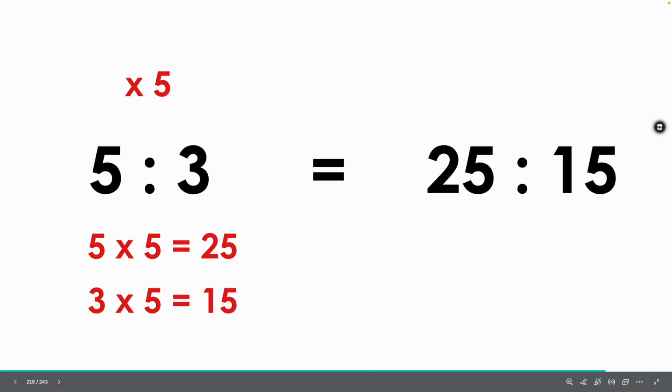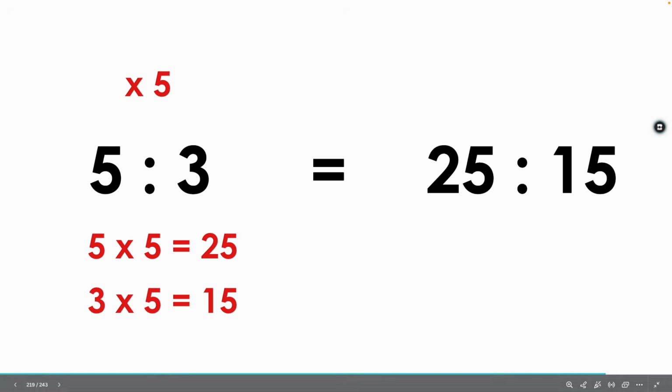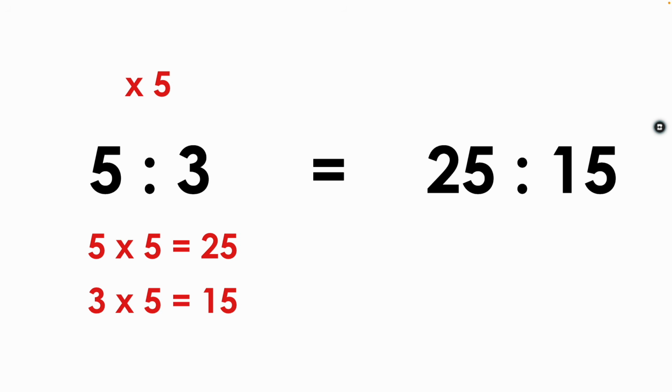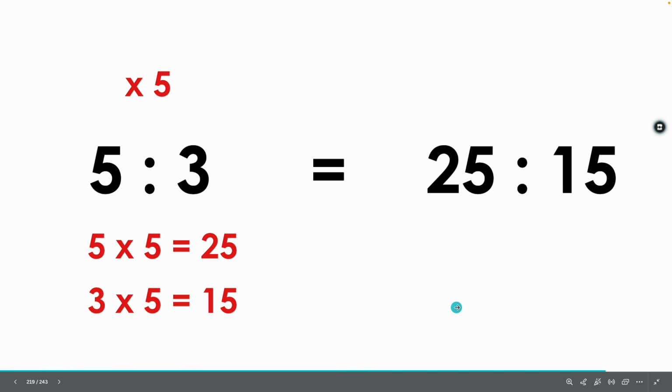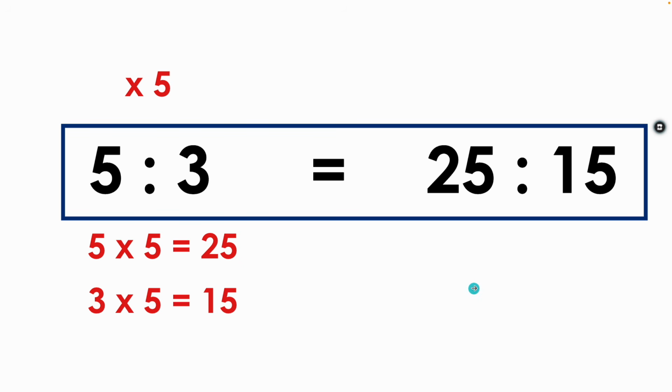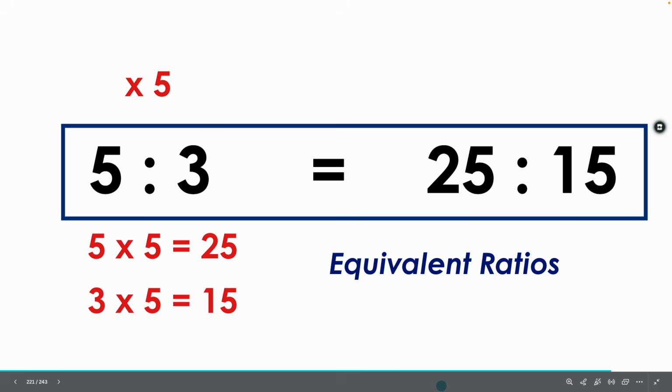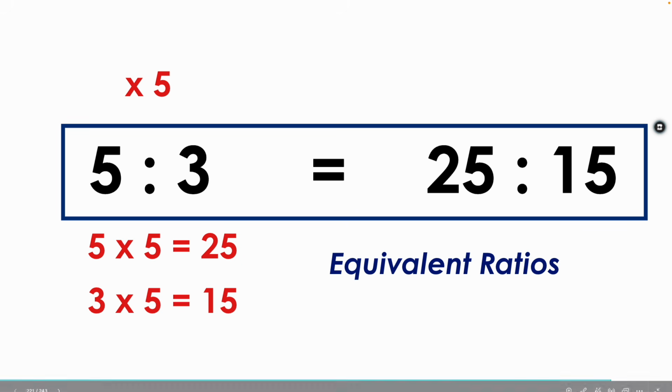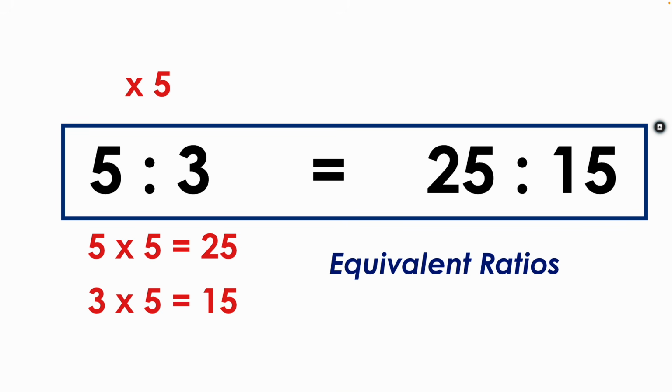So notice that we multiplied both terms by the same number 5. That is important when finding the equivalent ratio. So 5 to 3 is equivalent to 25 to 15. So that means they are equivalent ratios. Alright? So that is scaling up.